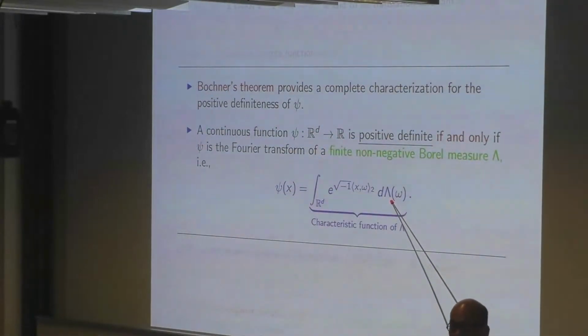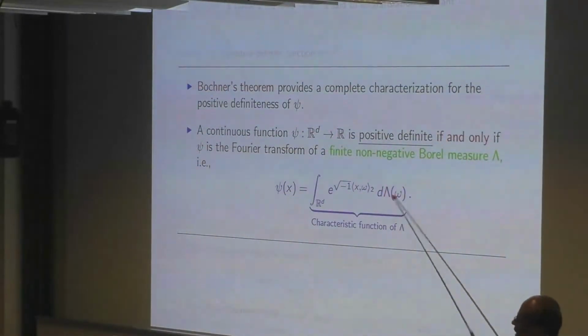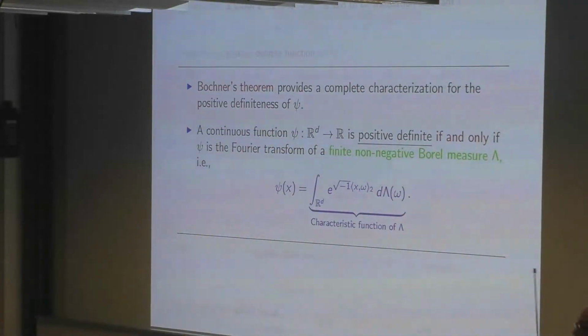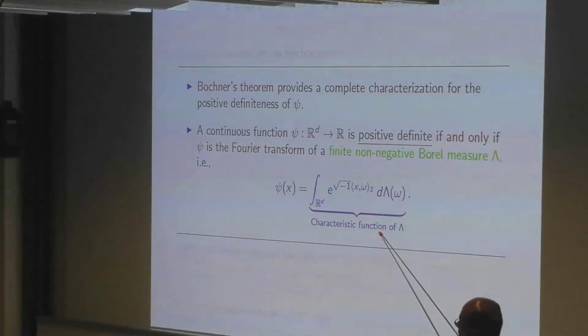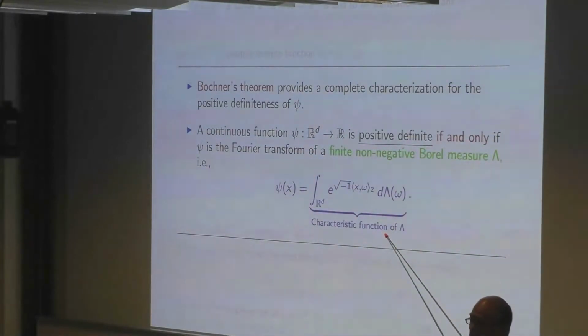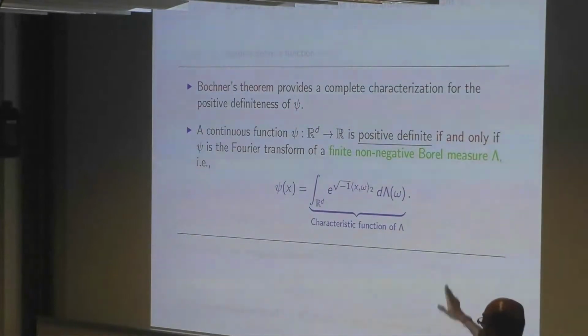For all practical purposes, you can think of this lambda as just a probability measure. If this is a probability measure, all you are doing is computing the characteristic function of a probability measure, and you know it's positive. One direction, again, is easy, and proving the other direction is hard. We are not going to get into the proof.